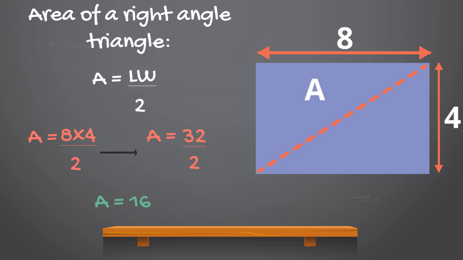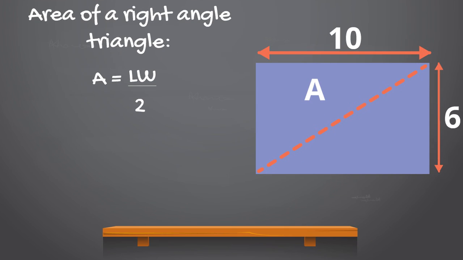If not, let's try another one. So we've got 10 as our length and 6 as our width. And we want to find out the area of the shape A. Here's the formula for the area of a right angle triangle. Just put the numbers in where they belong and solve it. Pause the video and try this one. So here's what you should have got.